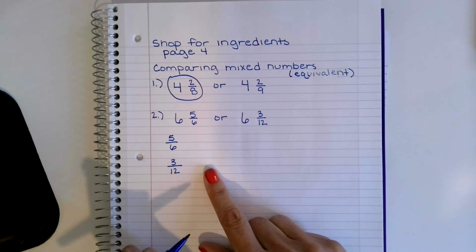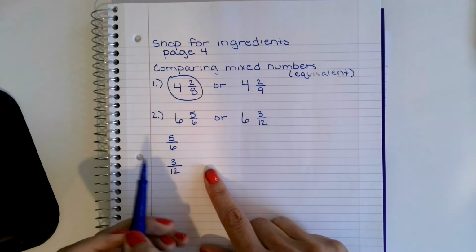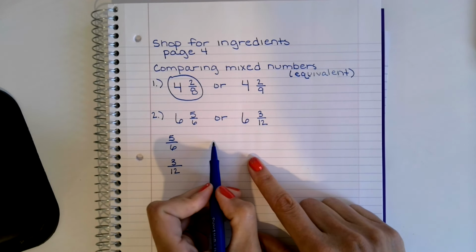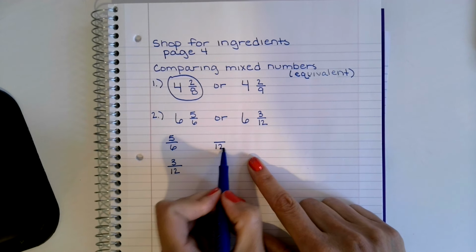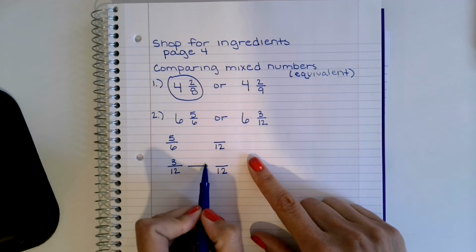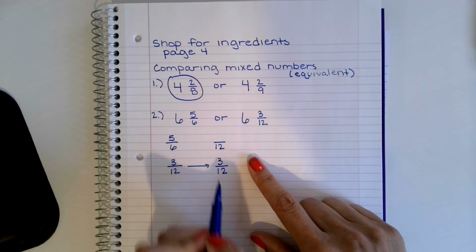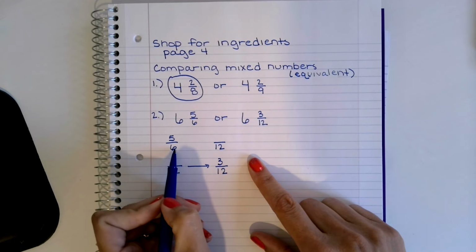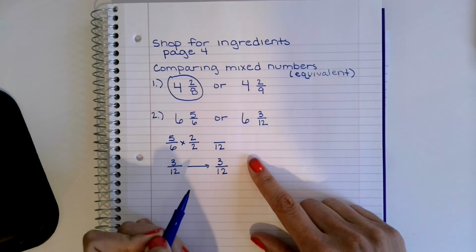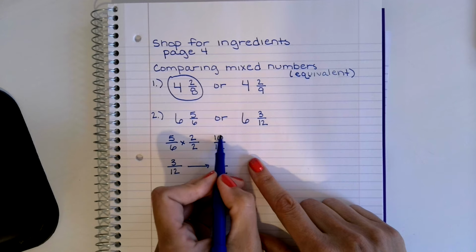I'm going to change them to equivalent fractions. A common denominator for both of them would be 12, because 6 can go into 12. This one, since it's already in 12s, I'm just going to rewrite. So 6 times what gives me 12? That's 2. So 2 times 5 is 10.